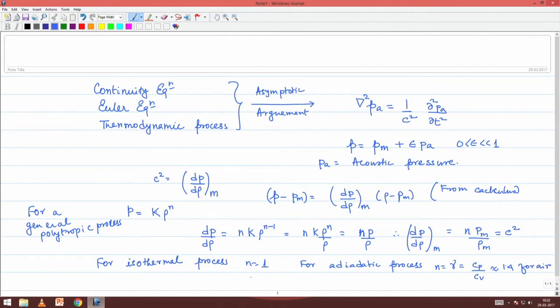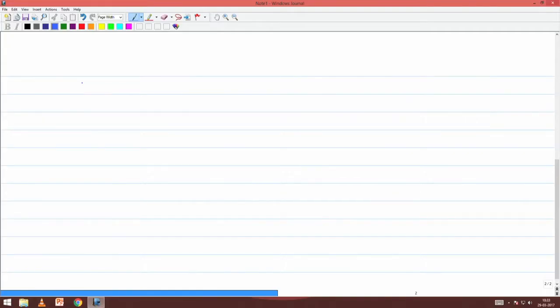If it is neither isothermal nor adiabatic, but a general polytropic process, then it has to be determined through some experimental means. But let us understand these two extremes and physically argue which of these two processes, isothermal or adiabatic, is applicable for acoustic wave propagation. We will note that acoustic wave propagation is a fast process, but what do I mean by fast? I will elaborate.